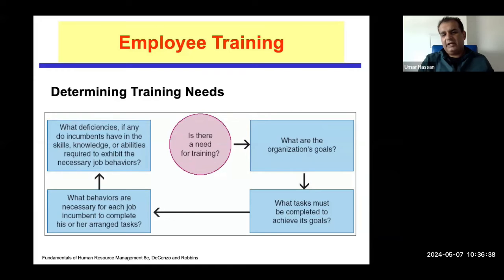In our earlier lectures, I talked about it in detail, that HR can be taken as an operational function or it can be assumed as a strategic activity.